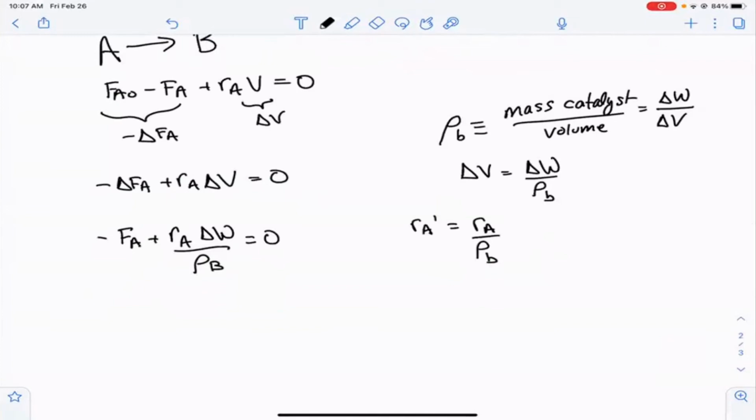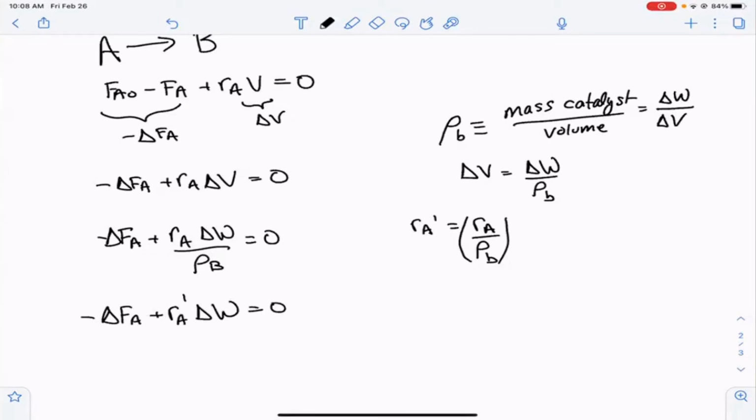RA prime now has units that are related to the mass of the catalyst to match this. And we'll go through the units in just a second, right? And so we end up with an expression that minus delta FA plus RA prime delta W is equal to 0.